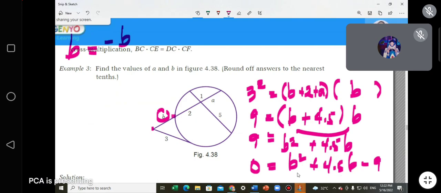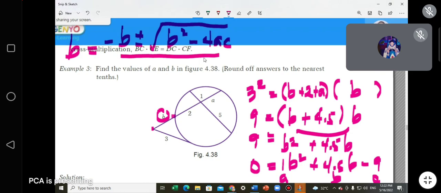This is actually A here, 1, imaginary. And then this one is your B, 4.5. And C is a negative 9. So it's plus minus square root of B squared minus 4AC.